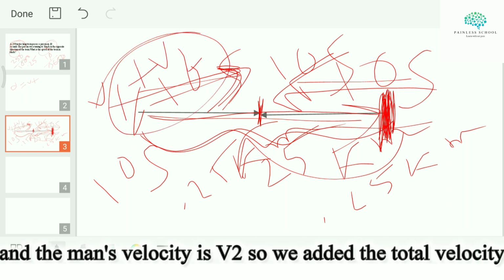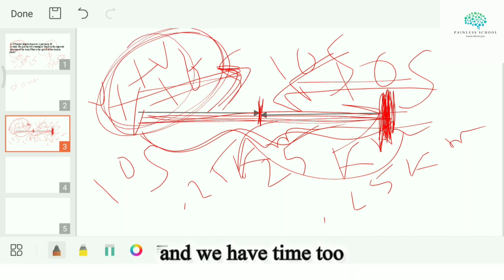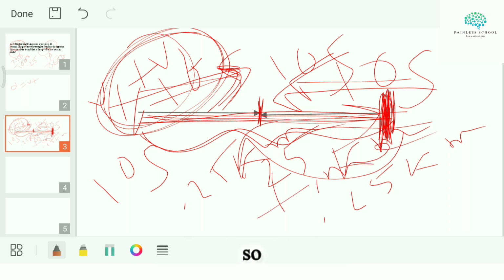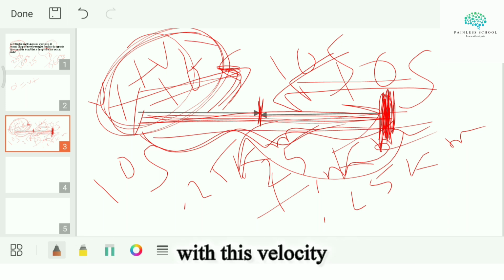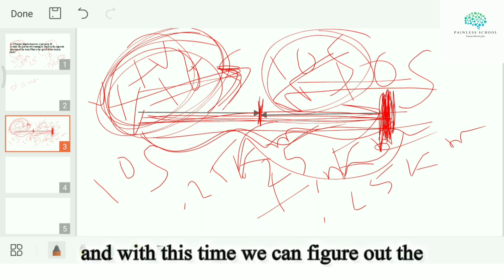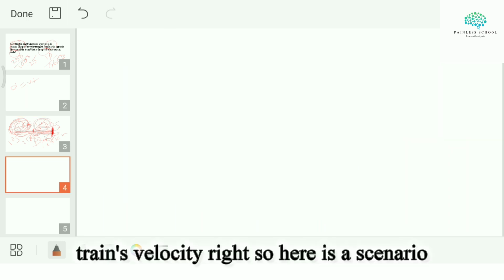So we added the total velocity, and we have the total distance, and we have time too. So if we want to cover the total distance with this velocity and with this time, we can figure out the train's velocity, right?